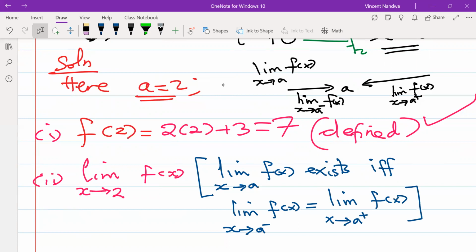So both the left-hand limit and the right-hand limit must be the same.